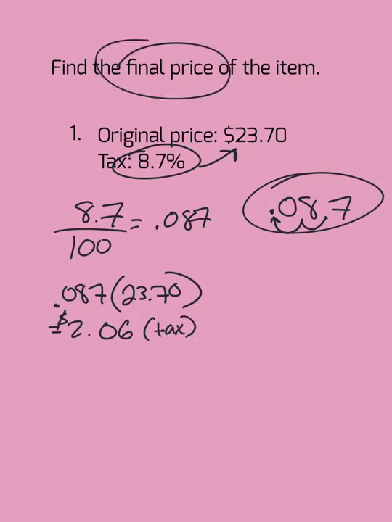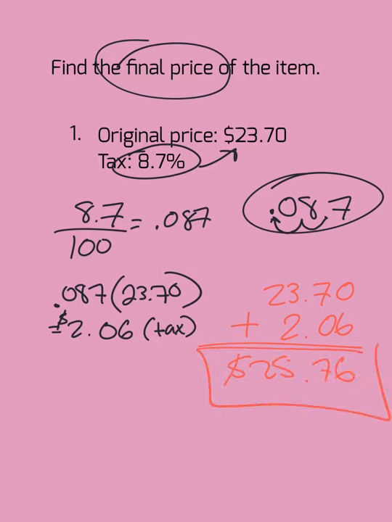Well, we want to find our final price, and so to do that, we know we need to add our original price plus our tax. So 23.70 plus 2.06, you get 25.76. And that is your final price.